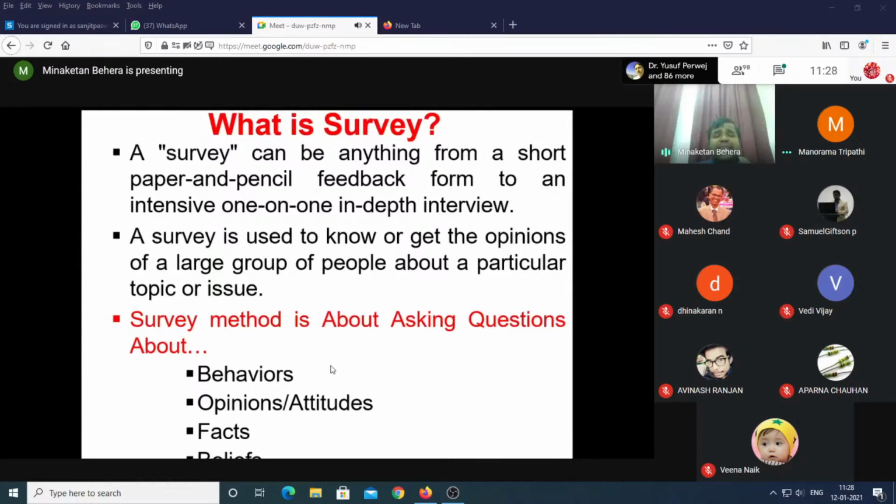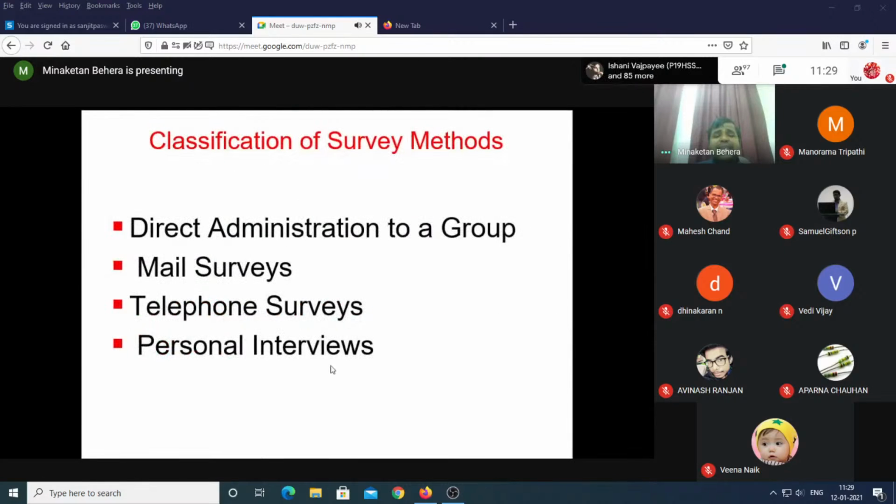Through a survey, you can understand behavior, you can know opinions, attitudes, and beliefs, and you can understand facts. If you are doing a survey, just read the slide. I am not going through this.